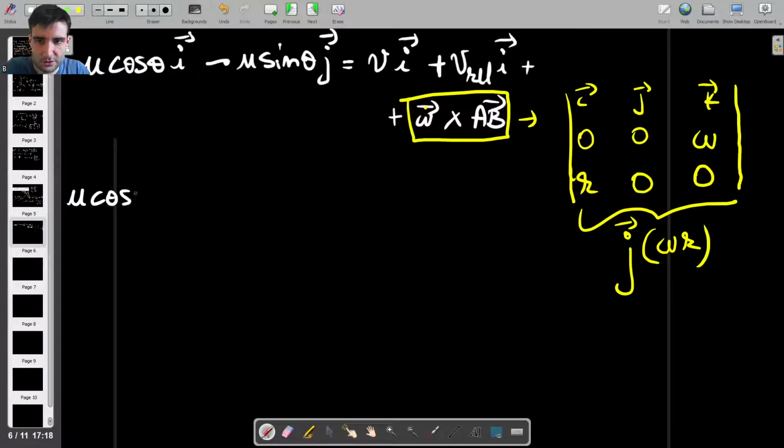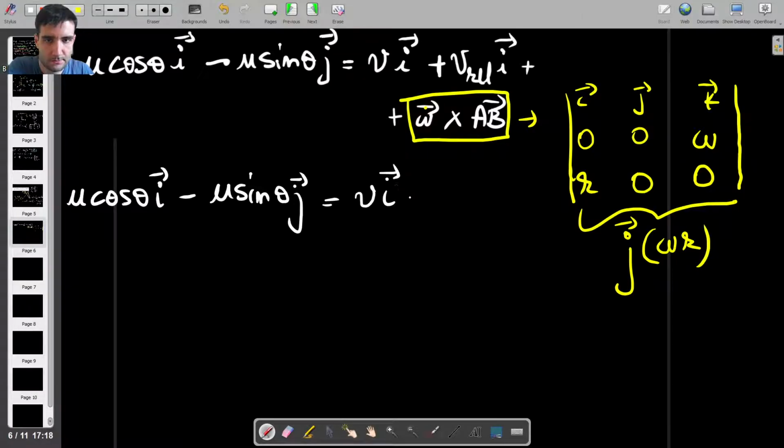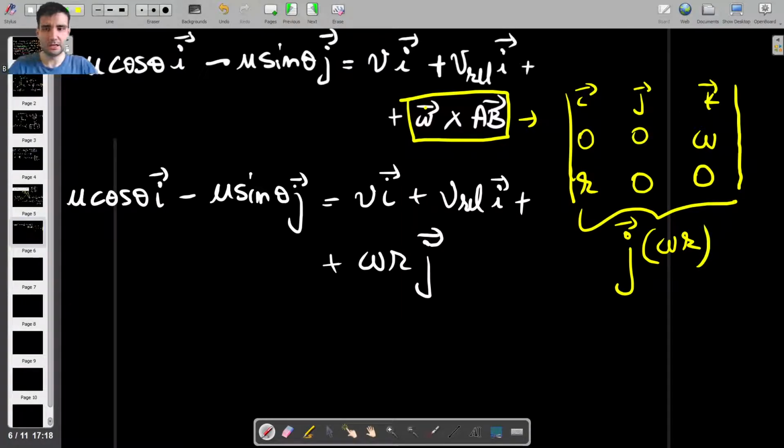We get u cos theta i, and then minus u sine theta j, and this is equal to v i plus the relative velocity times i, plus, and then we have omega r times j. And the easiest way to do this is to just look at the vector components. So we've got a j component here, and we've got a j component here.